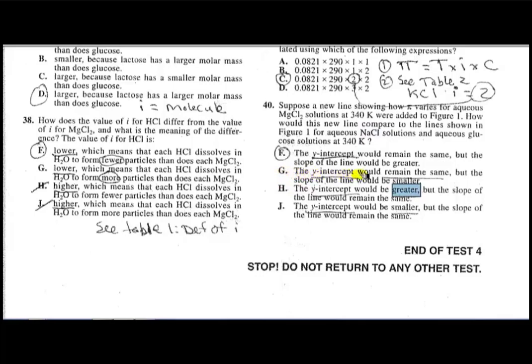Here it says the y-intercept would remain the same, but the slope of the line would be smaller. Well, the slope of the line, you saw where we put in MgCl2, that is not going to make the slope smaller. It's going to make it larger. So the only answer that will work for 40 is letter F. For 40, once again, F.